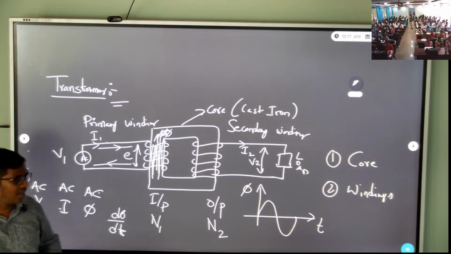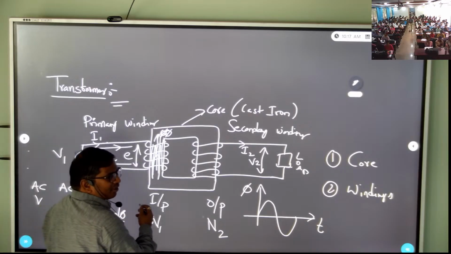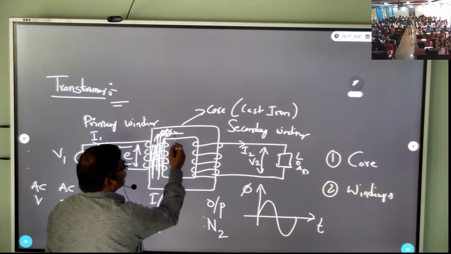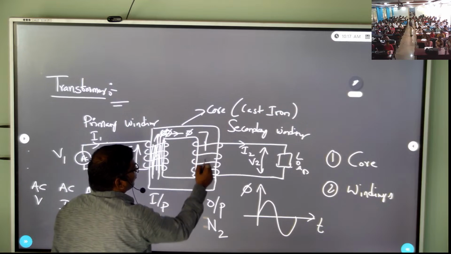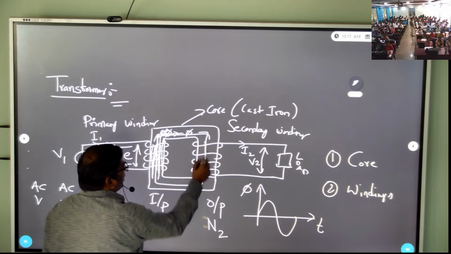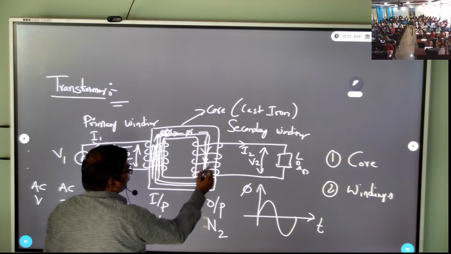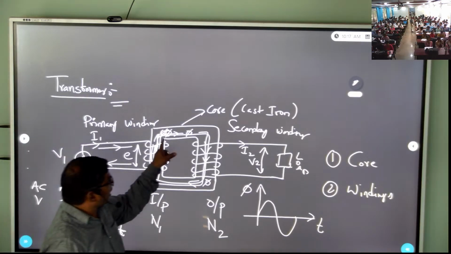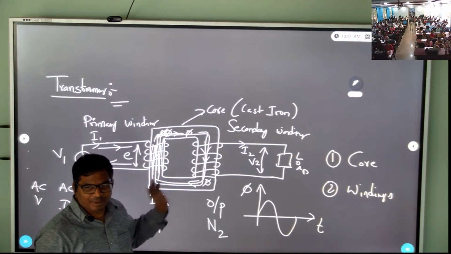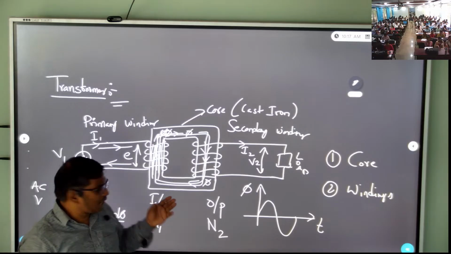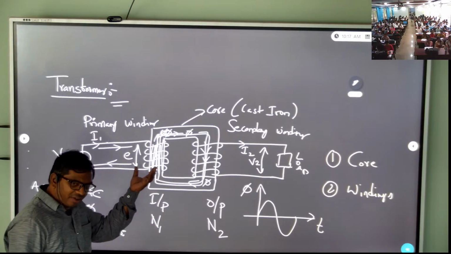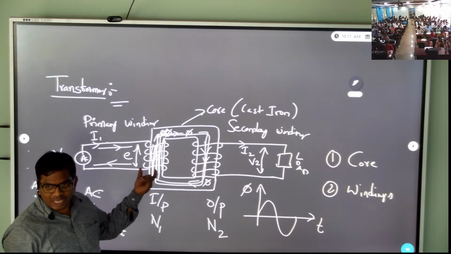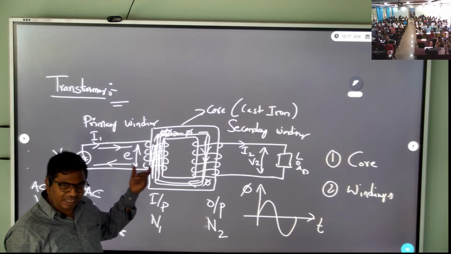Now, what will happen to this flux? This flux will flow like this, clockwise. Now tell me, this flux is changing with respect to time, and it is an alternating flux.